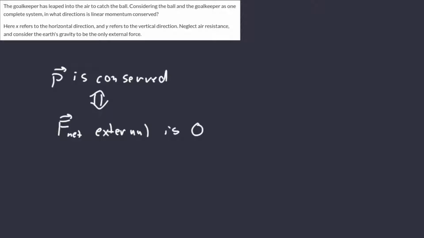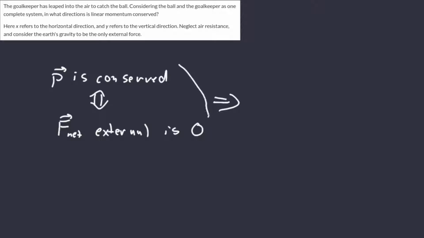And these are both vector quantities, so we can break this down to say that momentum in the x direction is conserved if there is no net external force in the x direction, and so on for the y direction, z direction, whatever direction you're interested in for your problem.